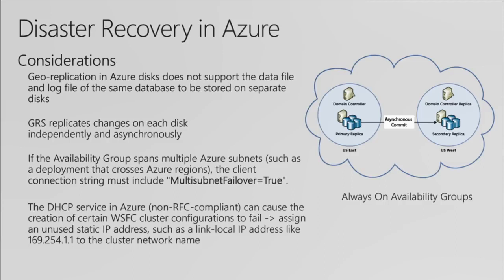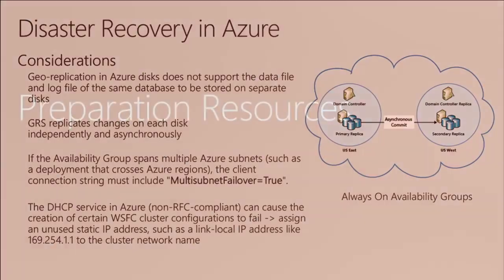It's not RFC compliant. So in order to make it behave nicely, you need to add a private address to the cluster name, so that the cluster is always available via that IP. So, a link local IP address.